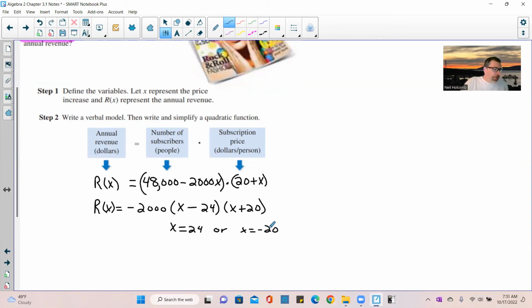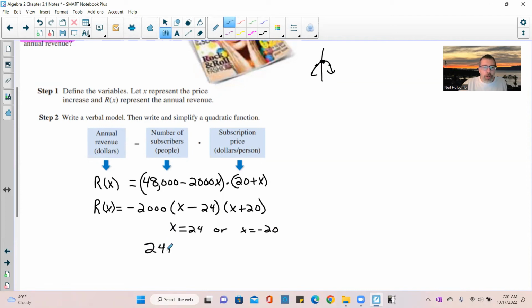All right, so these are our zeros. And remember, if we have a parabola, and I had a zero here and a zero here, our maximum is going to be on the axis of symmetry. And the axis of symmetry is halfway between our zeros. So I can take the midpoint formula, which is add and divide by 2.